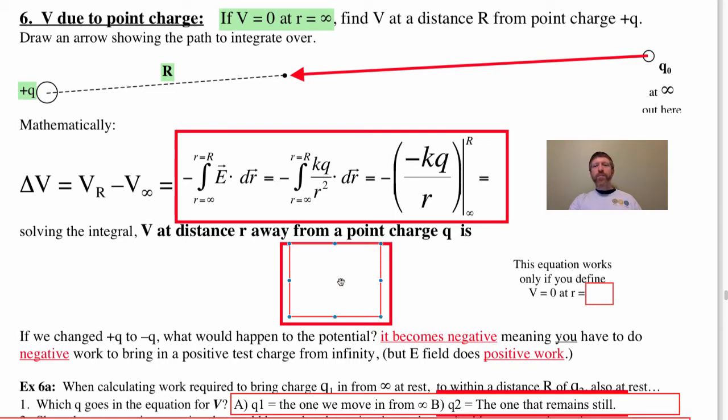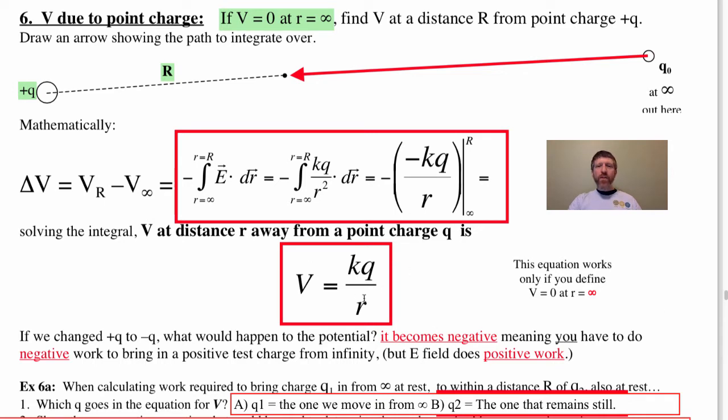And here's the bottom line that everyone has to have. The potential due to a point charge q at a distance r away from the point charge is kq over r. Of course, this only works if we define V equals 0 at r equals infinity.